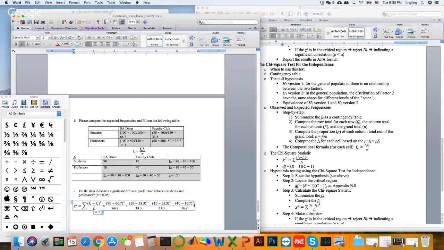Just use your calculator to compute and have the answer. And then same thing, degrees of freedom.